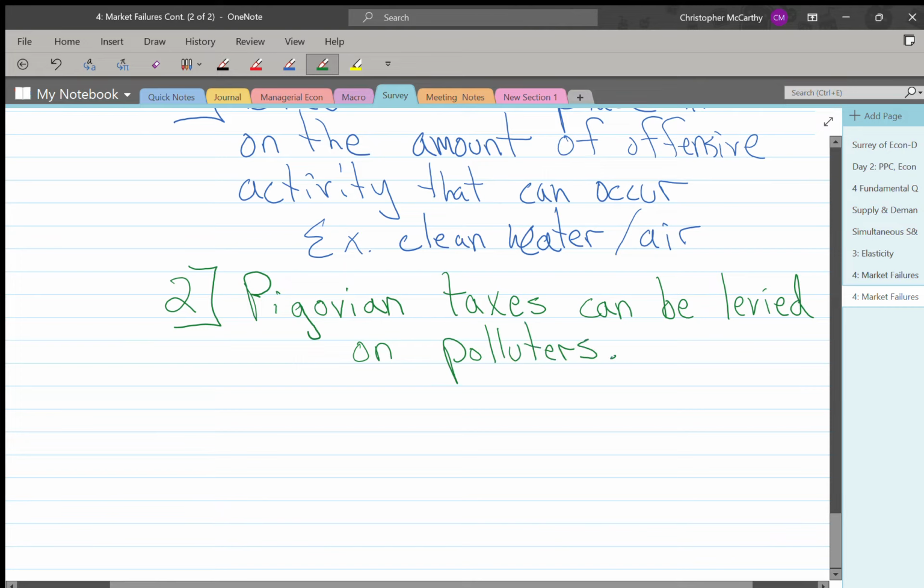And so this Pigouvian tax will be exactly equal to the size of the negative externality.